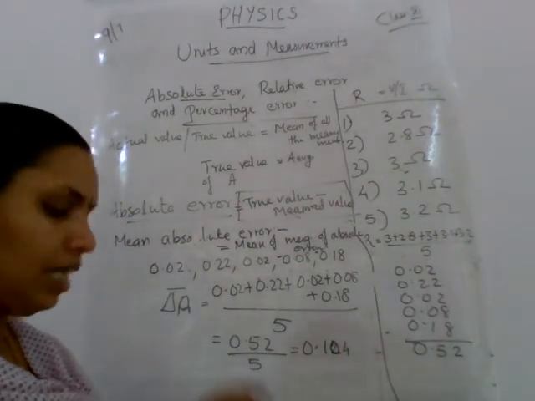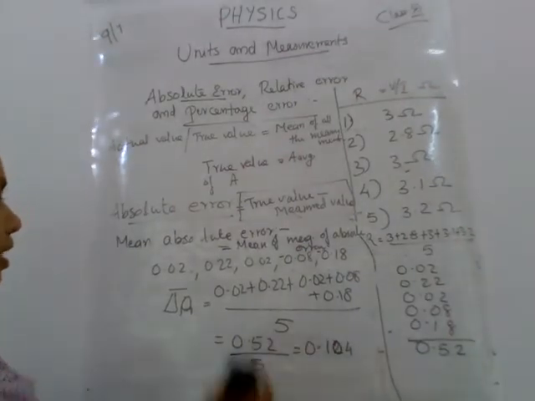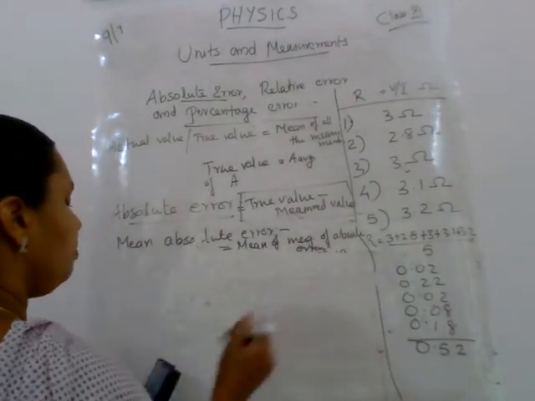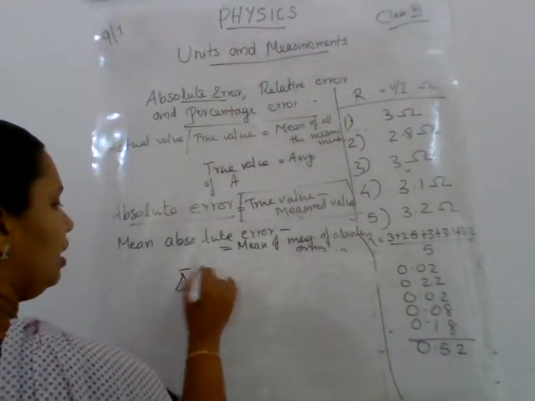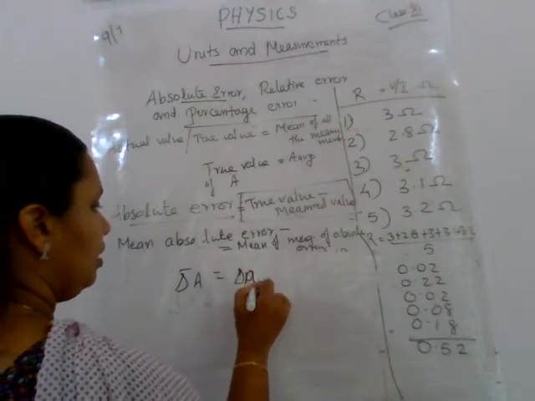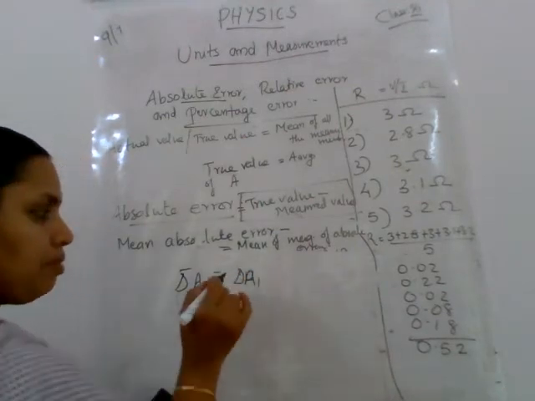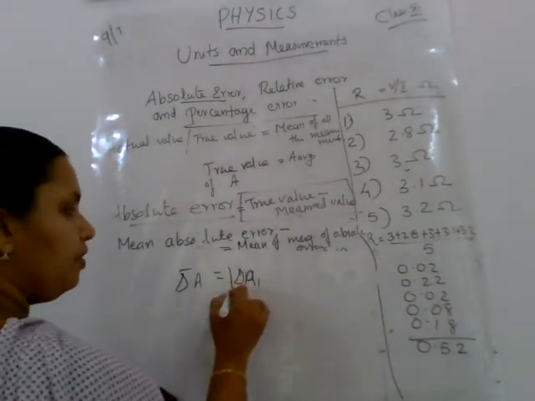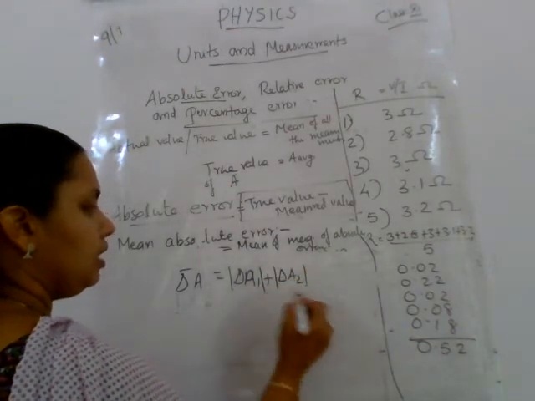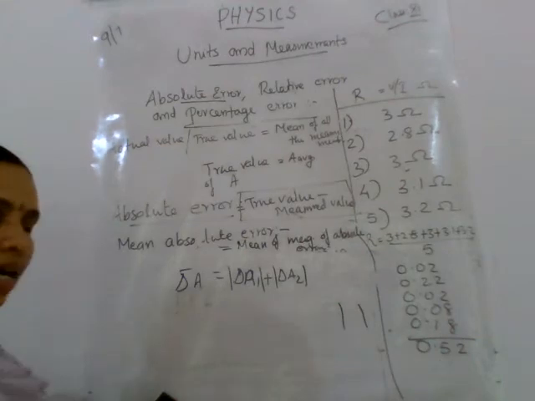So, we will write it as delta A bar. So, we can write the expression as: delta A bar is equal to delta A1, the absolute error of the first one, plus delta A2, and so on. And what does this symbol represent? It is the magnitude.